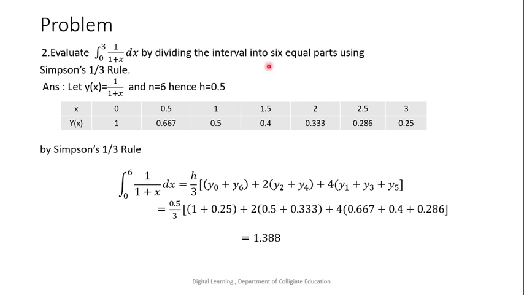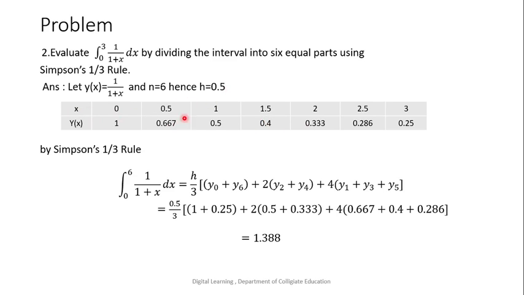Here the interval is divided into 6 equal parts, that implies n is 6. If n is given, then we easily find the h value by using the formula: upper limit minus lower limit divided by n equal parts. That is 3 minus 0 divided by 6, 3 by 6 is 0.5.